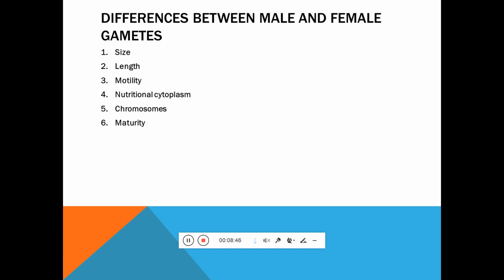The male has two kinds of cells, one bearing X and one bearing Y, but in the female, all cells have 22 plus X. That means after fertilization, the female gamete is not responsible for determining the sex. It depends only on the male gamete, because fertilization takes place with either an X-bearing or a Y-bearing sperm. So these are the differences between male and female gametes.